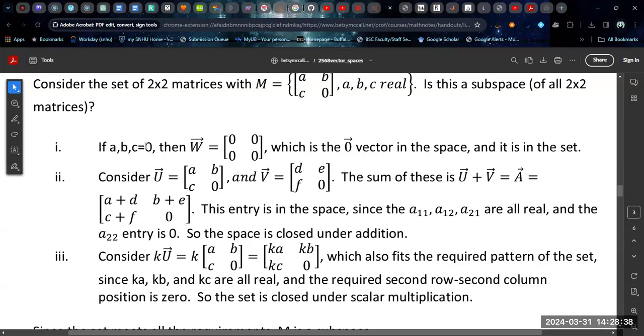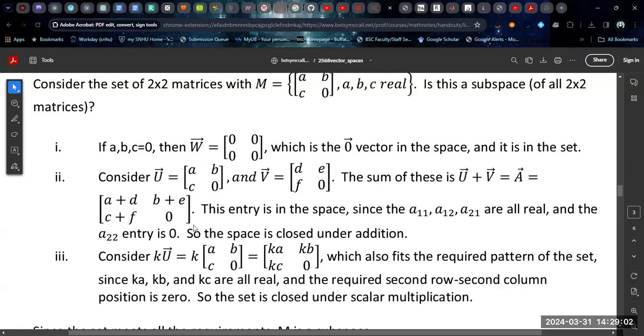So if we set A, B, and C equal to 0, we get this, which is the 0 vector in this set. If you add it to another vector in the set, you get the original vector back. So that's fine. This bottom entry is still 0. You're good. Consider the matrix A, B, C, 0, and the second matrix, D, E, F, 0.